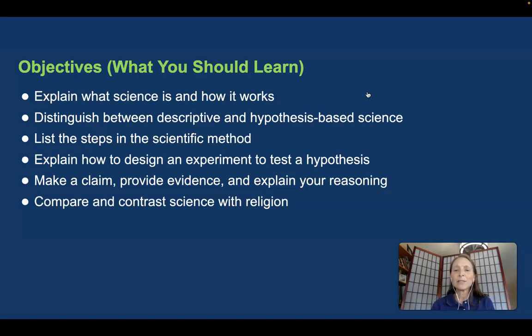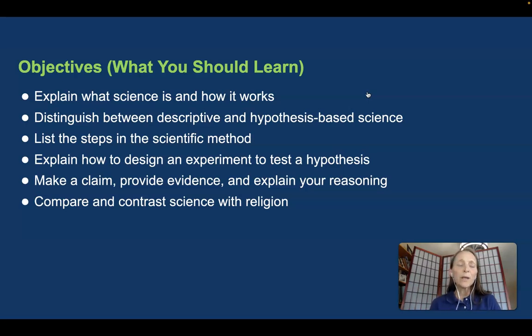We're going to distinguish between two basic forms of science and two basic processes for science, which we'll call descriptive-based science versus hypothesis-based science. When we talk about hypothesis-based science, we are going to list out the steps of the scientific method, that series of fundamentals.